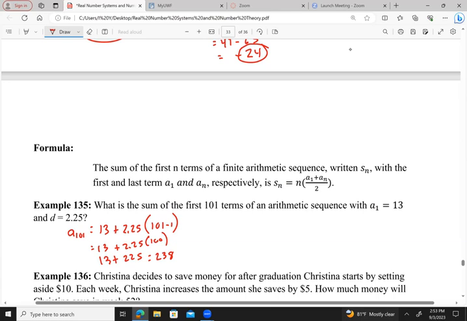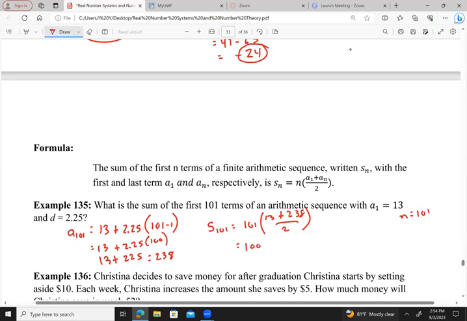So n is 101. So the sum of the first 101 terms is equal to 101 times a sub 1, which is 13, plus a sub n, which is 238, divided by 2.